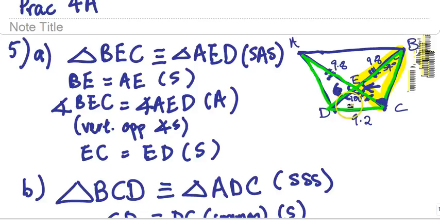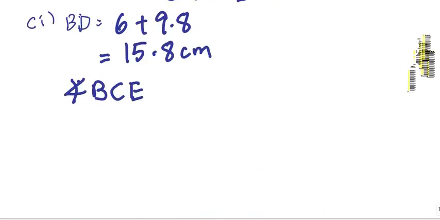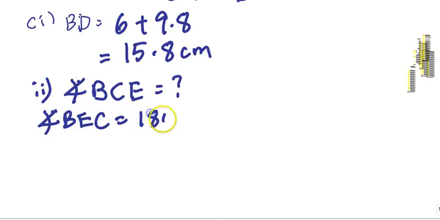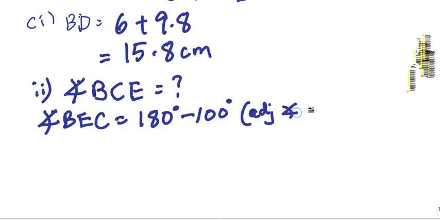You notice that angle DEC is 100 degrees, right? And BD is a straight line. So we know that angle BEC is equal to 180 degrees minus 100 degrees. This is because of adjacent angles on a straight line. And therefore, angle BEC is 80 degrees.